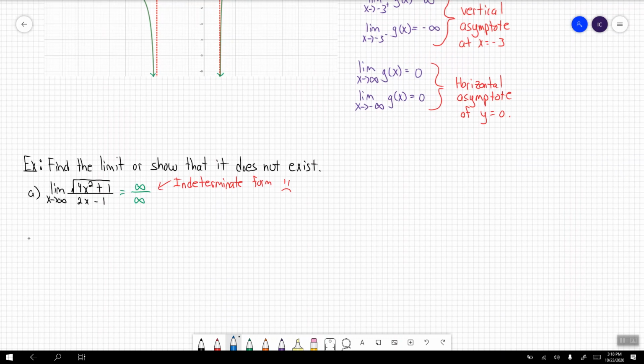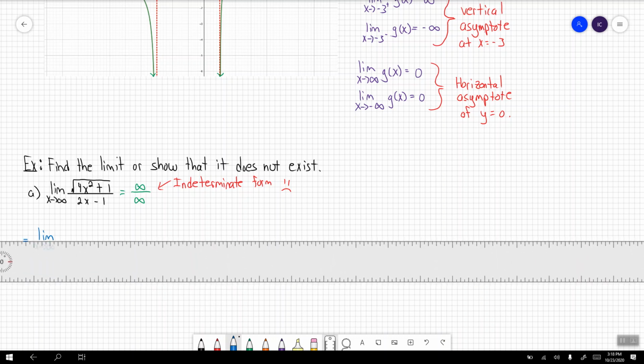So what we're going to do now is we're going to start dipping into our algebra bag, and we're going to start trying to identify what we can do. Now, one option might be to rationalize the numerator, but in rationalizing the numerator, it's still not going to help us for what we need. Instead, let's see if we can find a workaround.